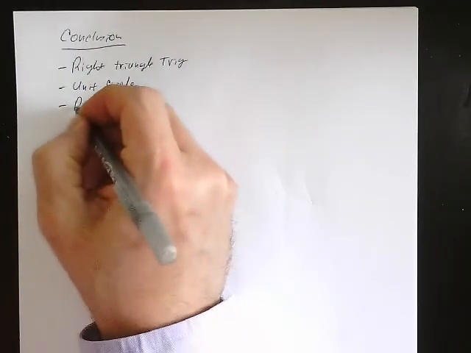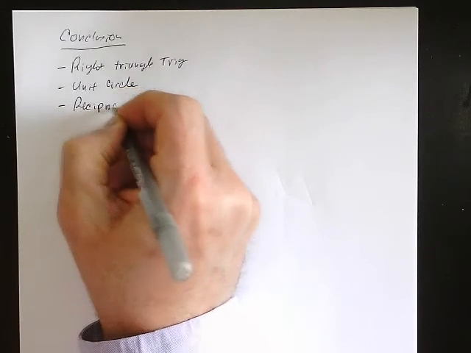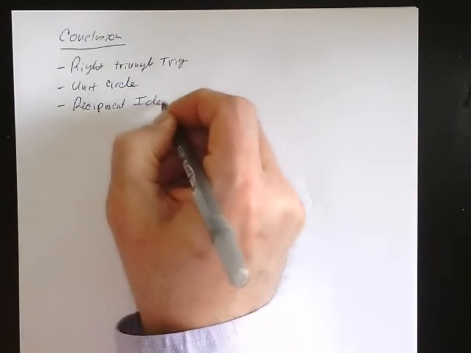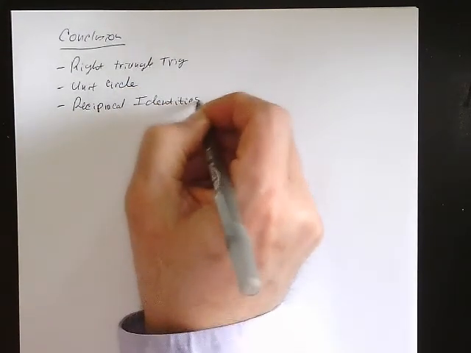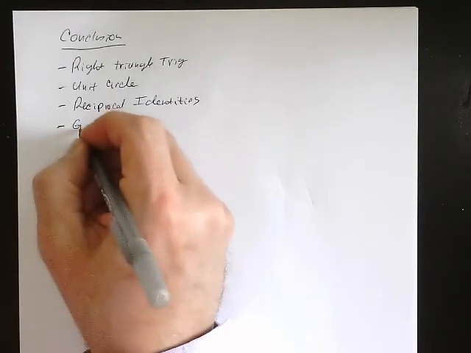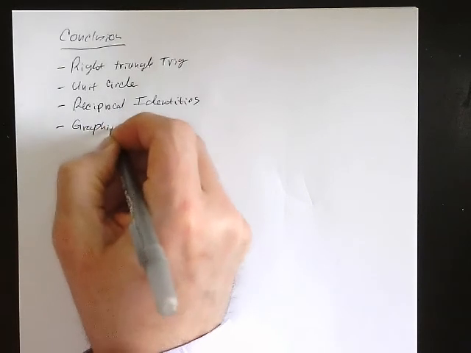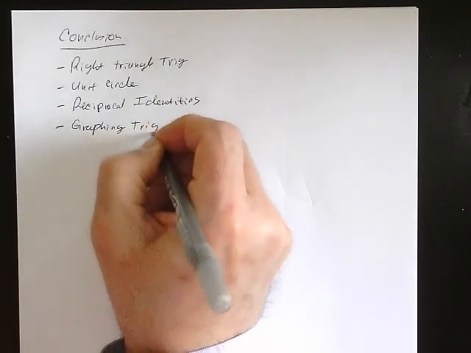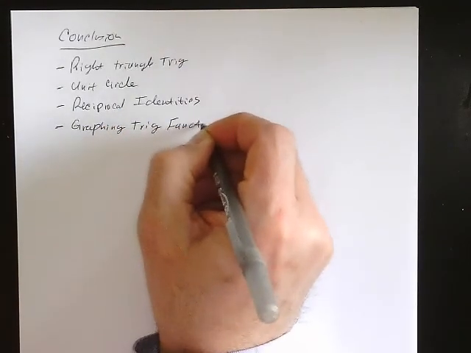After we did that, we talked about the reciprocal identities. Once we were through with the reciprocal identities, we talked about graphing trig functions.